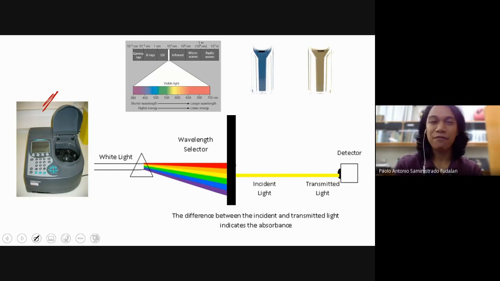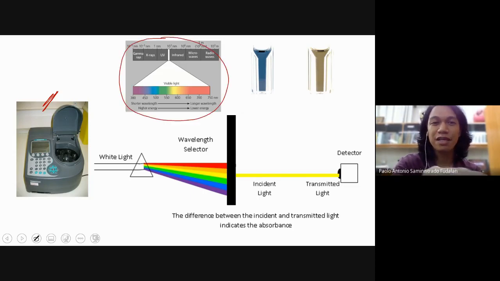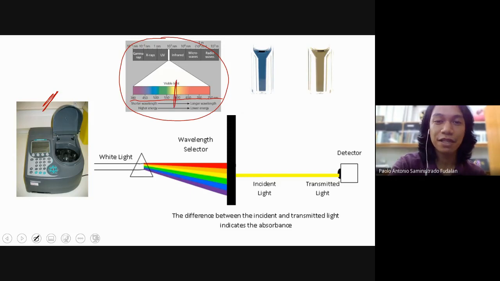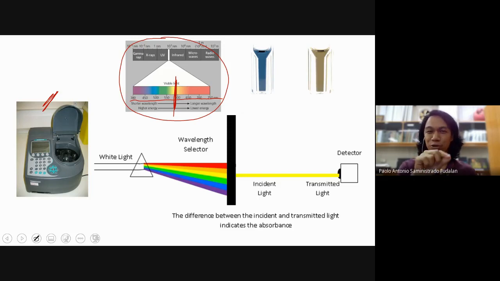Okay. And if you can also remember your electromagnetic spectrum, the color that we used had a 595 nanometer wavelength. Where is that? If you can see the values here that I'm underlining, 595 is around here. That's yellow colored light. Okay, so what we did is we turned on the spectrophotometer, inputted 595 nanometer, and look at this.